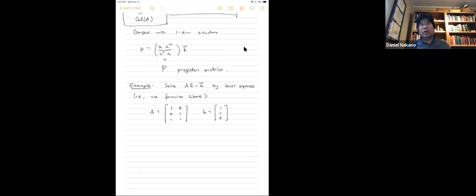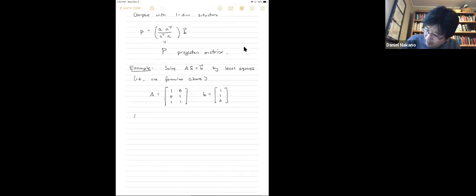Okay, and notice that A, you can easily see, has linearly independent columns because the vector 0, 1, 1 does not lie on the line generated by 1, 0, 1. So note A has linearly independent columns.